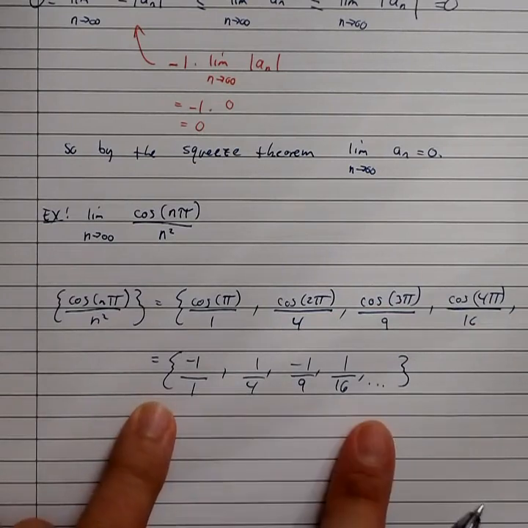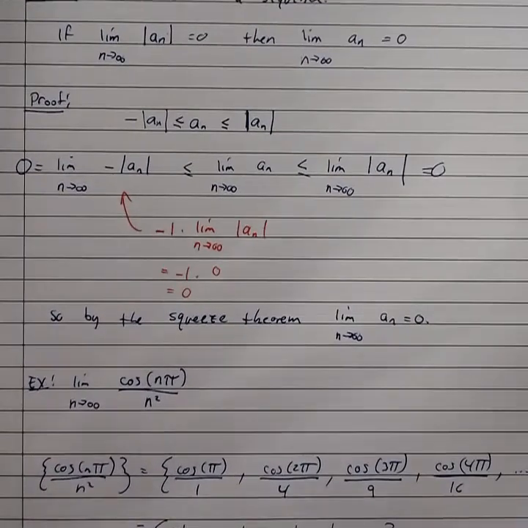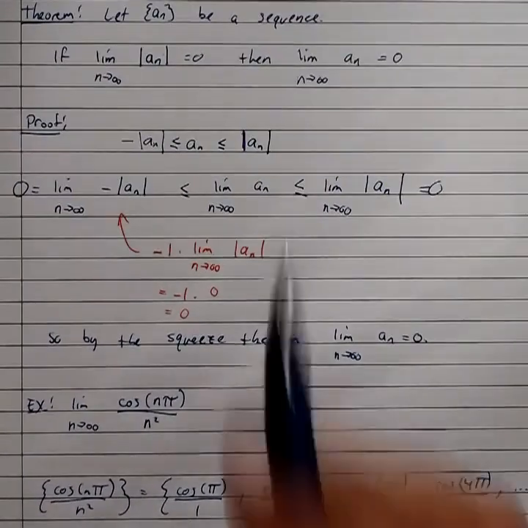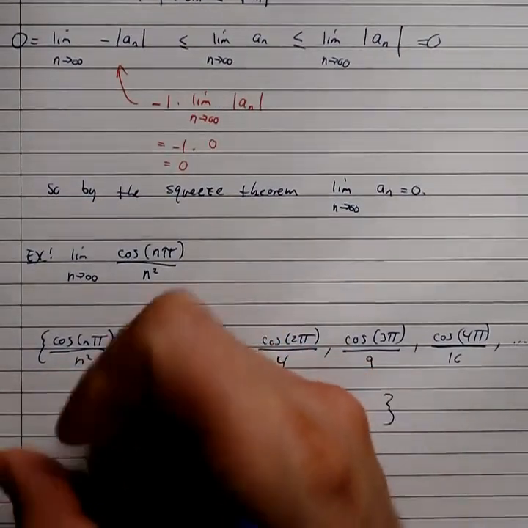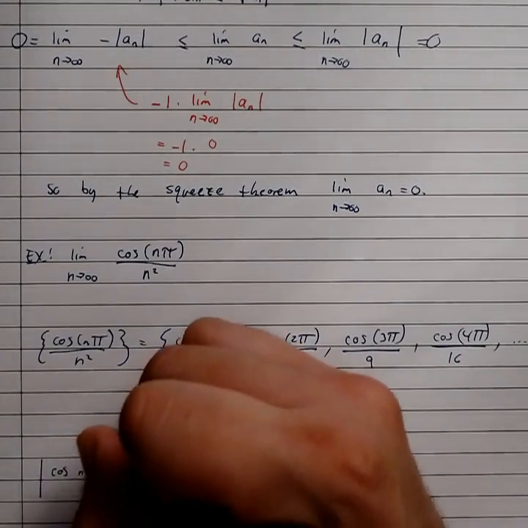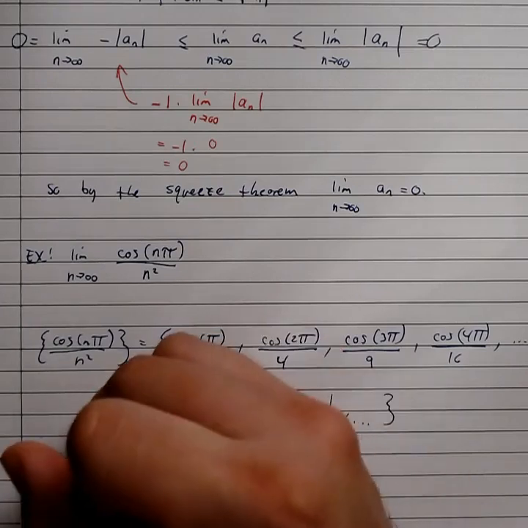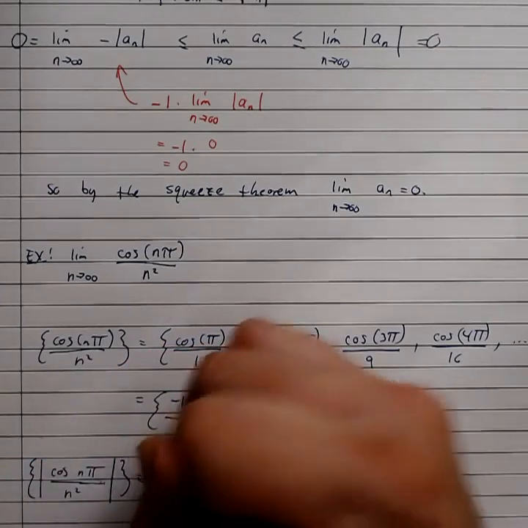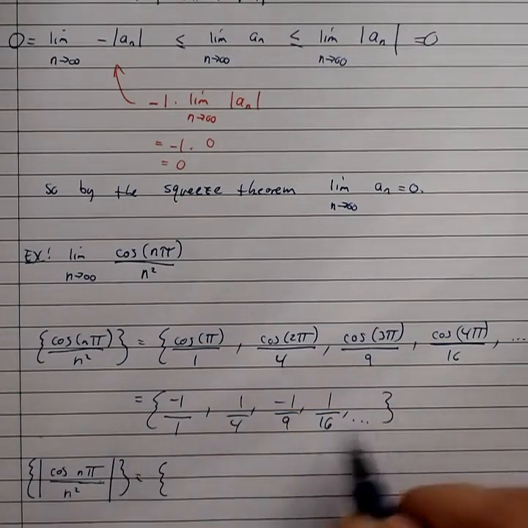So notice here, now I can pretty apparently use my theorem. Because if I take the absolute value of a sub n, that limit is going to be easy to find. If I take the absolute value of the cosine of n pi over n squared and make a sequence out of those, that just makes them all positive.